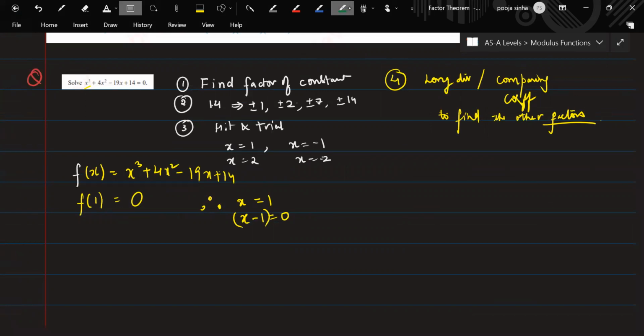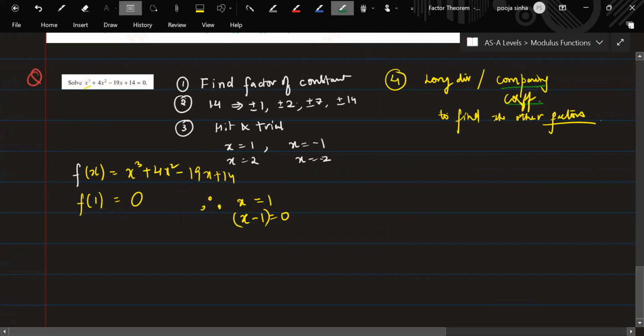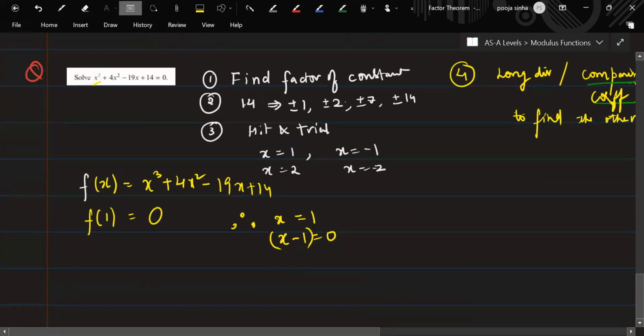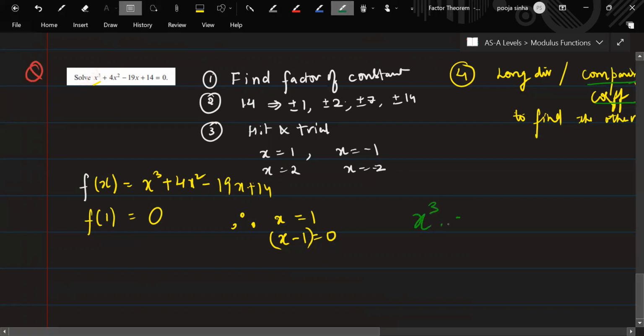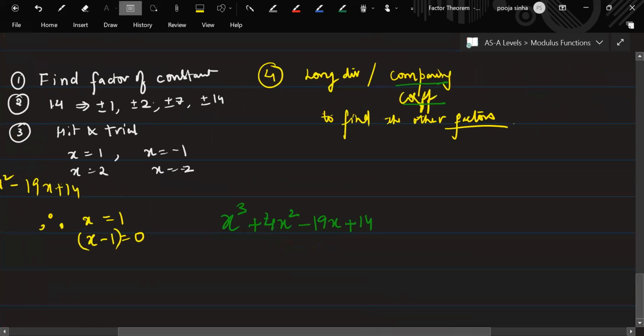Let's do it. So you want to do it by comparing coefficient method, right? So I got x cube plus 4x square minus 19x plus 14 should be equal to x minus 1 multiplied by ax square plus bx plus c.